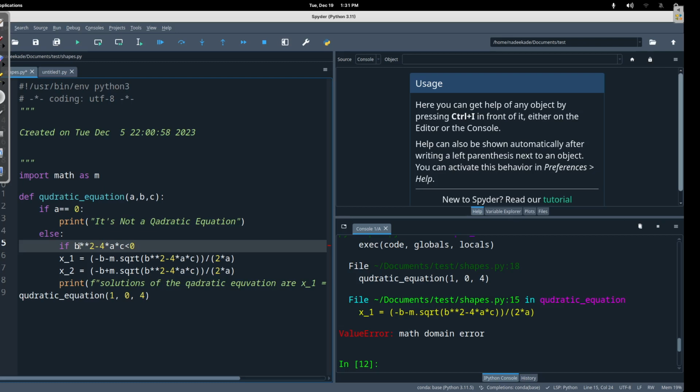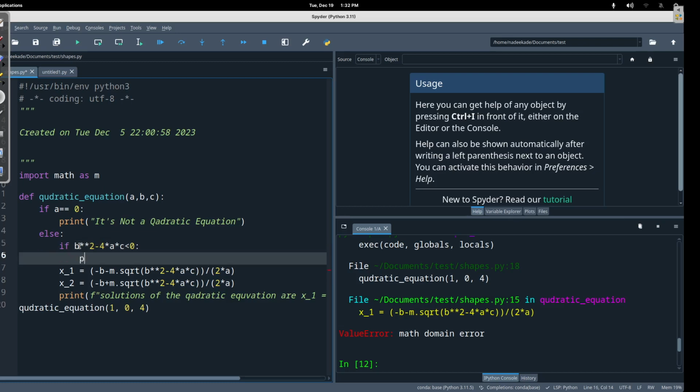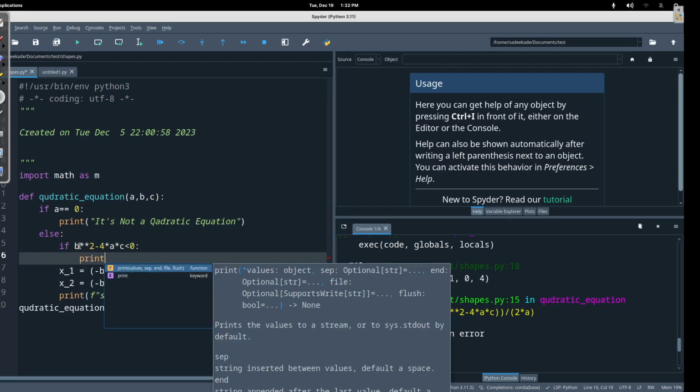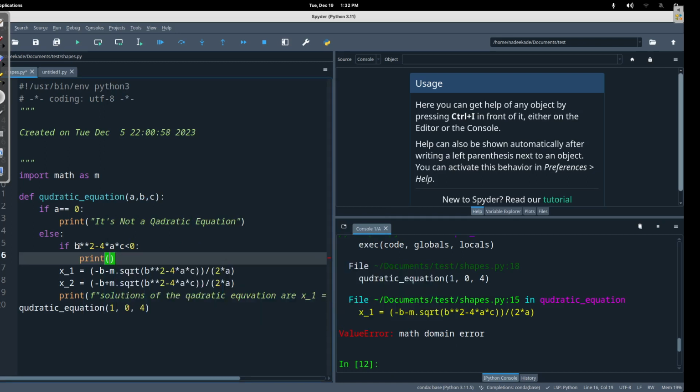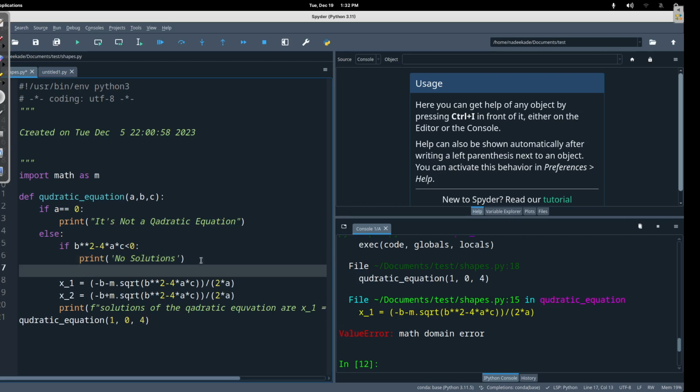Okay, so here I will print the message. Here else, I find the solutions.